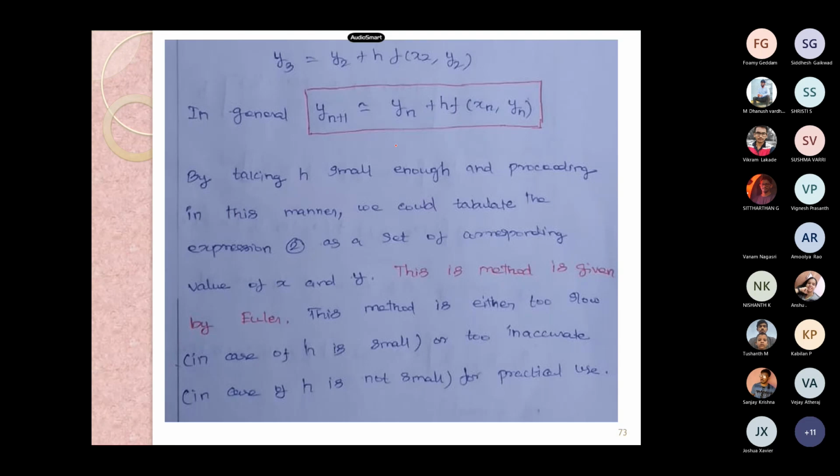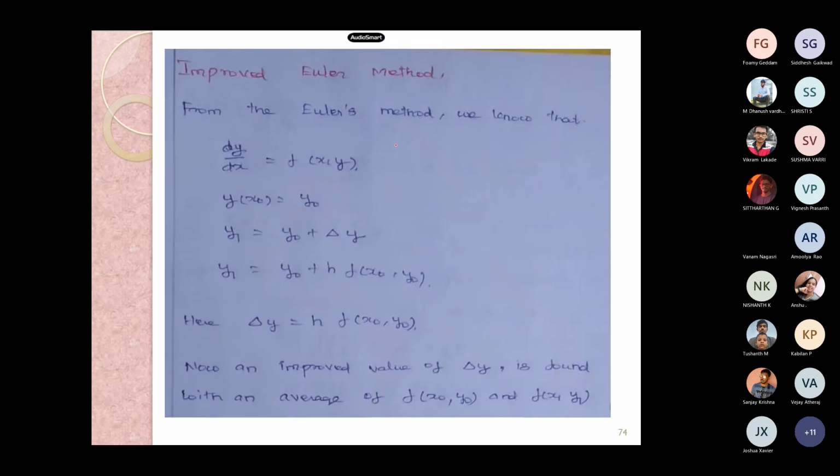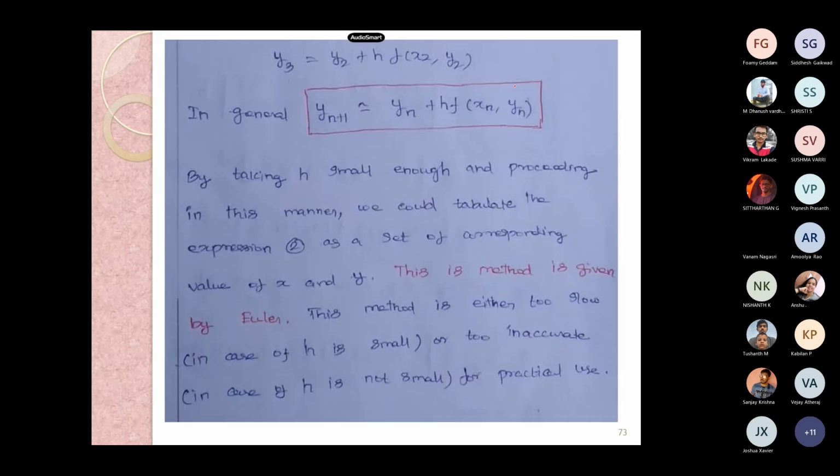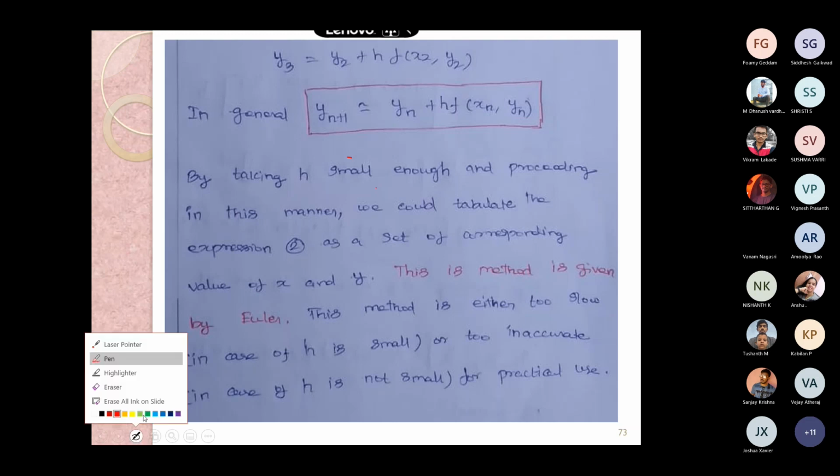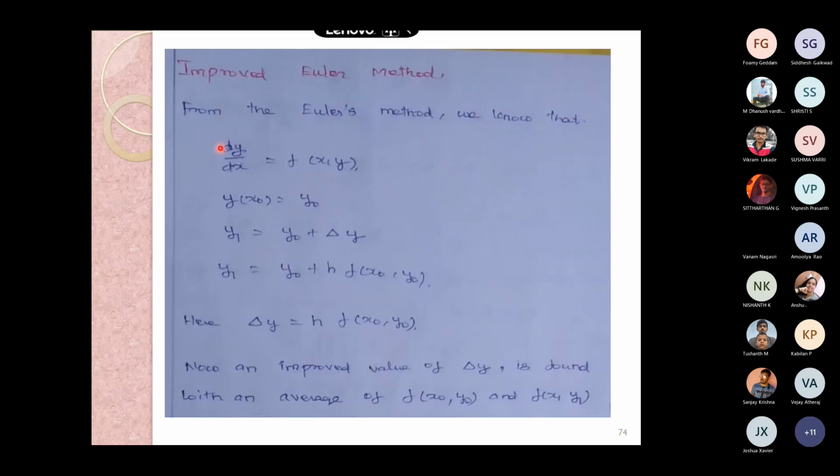When this derivation is very clear, then we can easily understand the modified and improved Euler method. When we are very clear with this formula, y n plus 1 is equal to y n plus h into f of x n and y n, then we can get the improved Euler method.